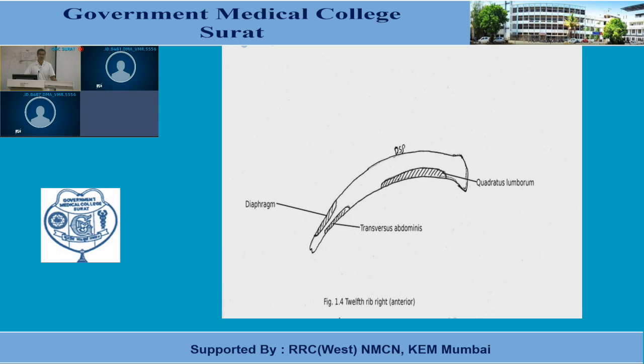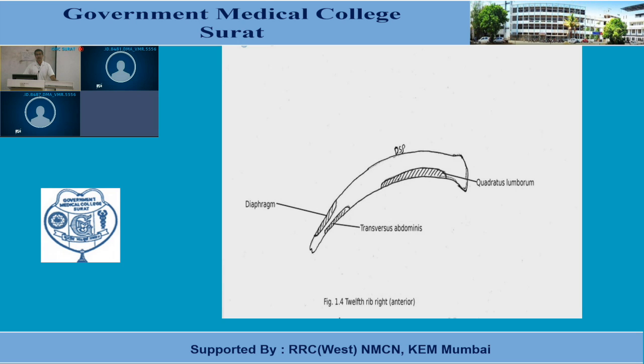In typical ribs, the head shows two parts which articulate with the upper vertebra and the same vertebra. But in the 10th, 11th and 12th, it articulates with the body of the corresponding vertebra, the same number.